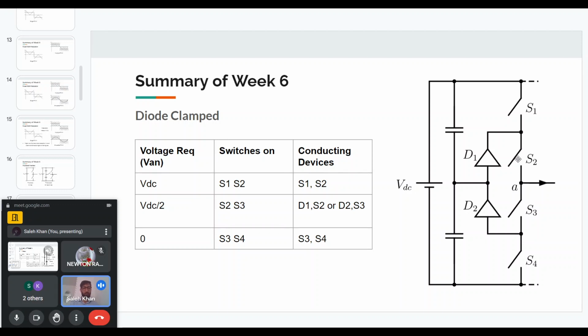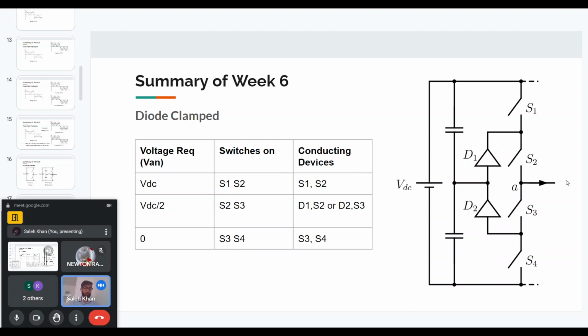And depending on the current direction, different devices will conduct in this case. If the current direction is positive, so it is out of the A terminal, then the current will flow from the midpoint of the capacitors through D1 and S2 to the load. Even though S3 is on, the current will not flow through S3 in that case.